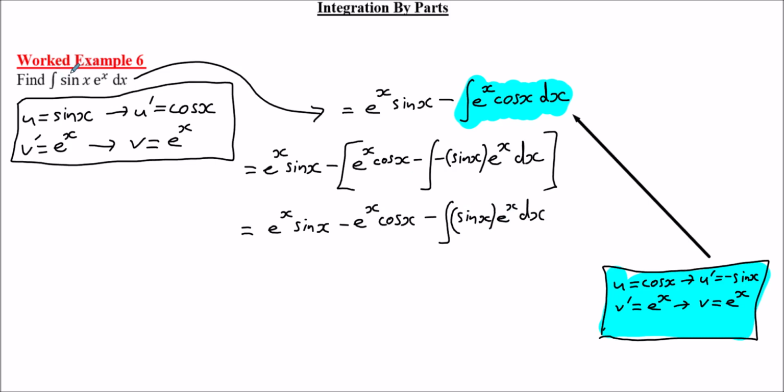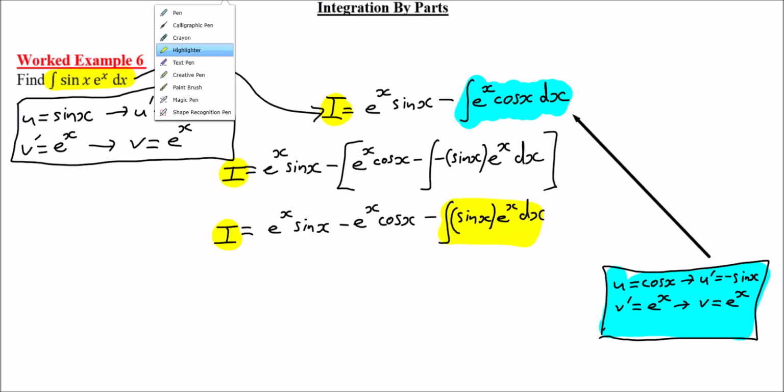Is actually this. So what I'm going to suggest we do, we can call the integral we're trying to integrate, let's just call this I. So if I call this I for integral, then I can hopefully see that the integral itself is appearing here, because that's equal to I as well.